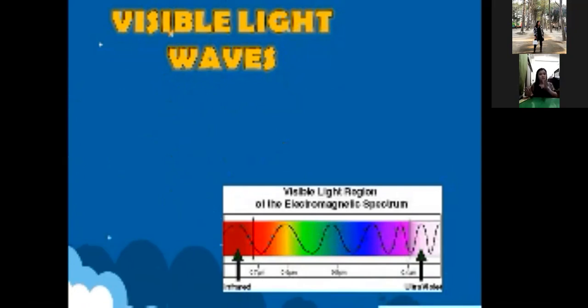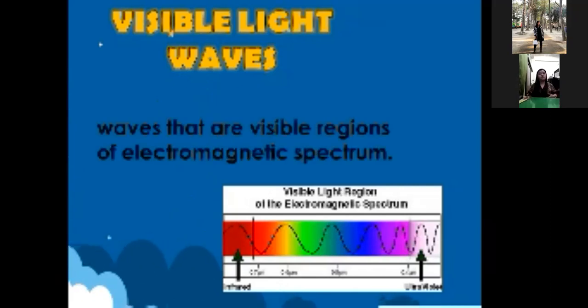This electromagnetic spectrum gives reflection on the light for us to be able to see the different colors around us. That is why it is called visible light waves. According to the definition, these are waves that are visible regions of the electromagnetic spectrum.